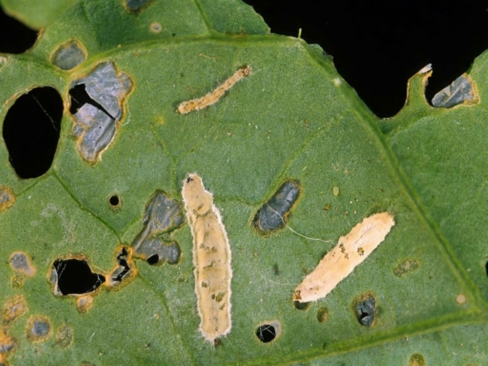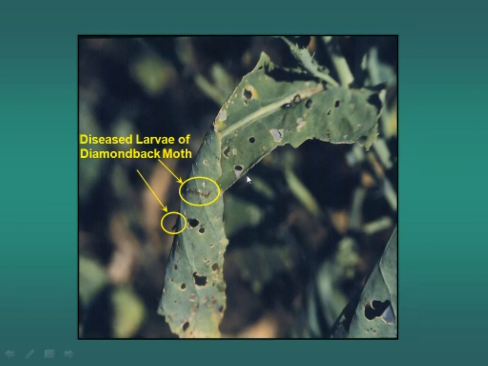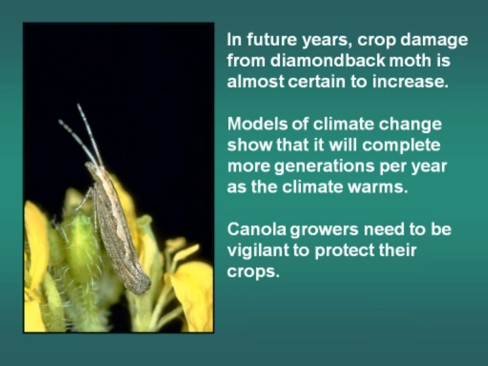So once the crop is senesced, diamondback moth larvae will still be there, and lygus bug numbers, if they are present, can be killed by the insecticide as well. Again, here's a photograph of a diseased larva of diamondback.